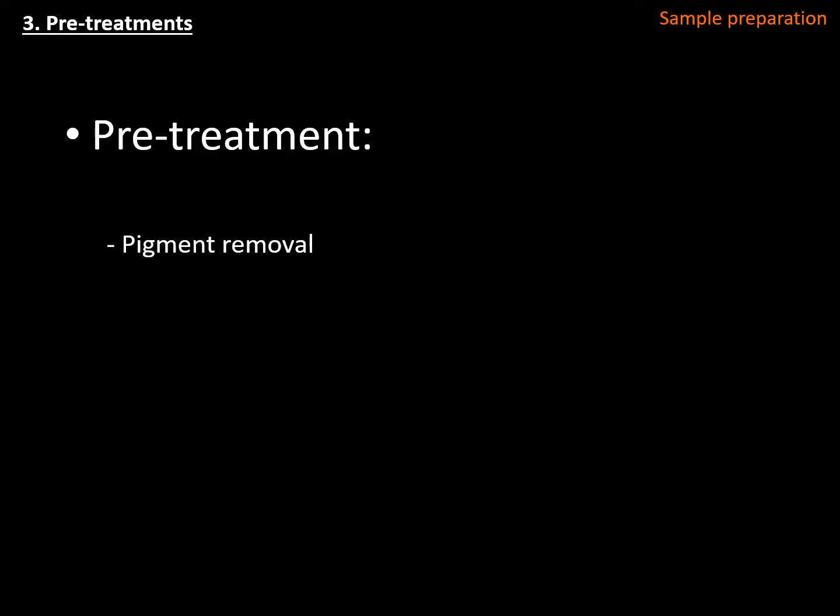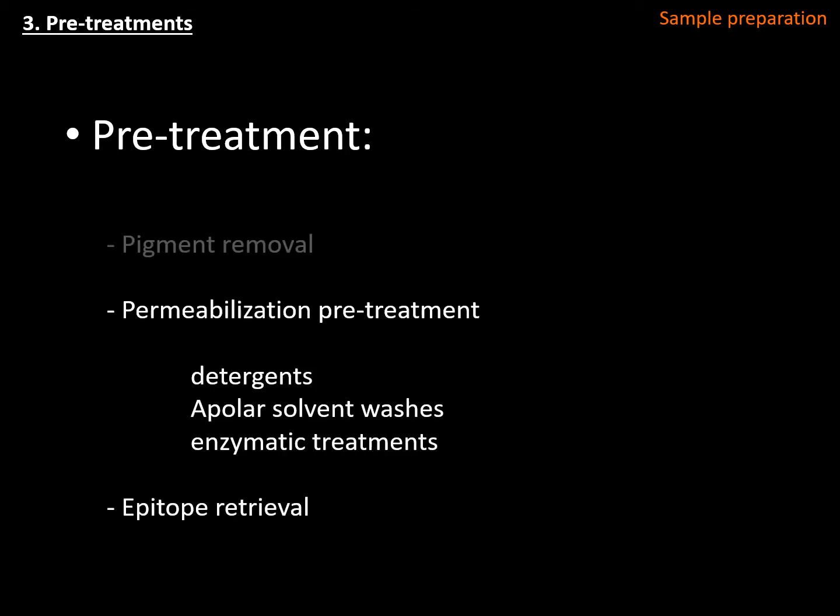After fixation, some pre-treatments might be necessary, either for the removal of pigments that will interfere with the imaging that you have to carry out later on. For instance, melanin can be very detrimental in microscopy because it prevents light from going in and out of your tissue, thus masking and creating artifacts in the imaging process.